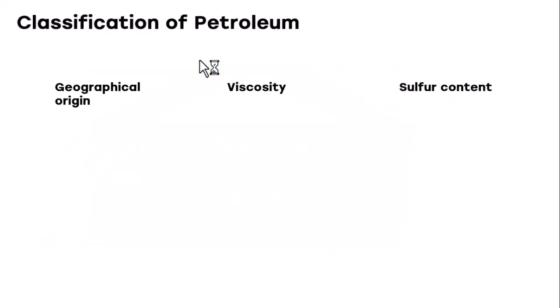Classification of petroleum. We can classify petroleum based on three criteria: geographical origin, viscosity, and sulfur content. The most common classifications are by viscosity and sulfur content.